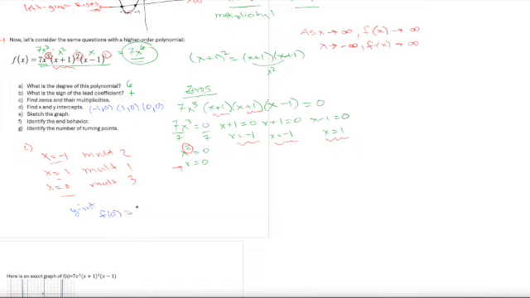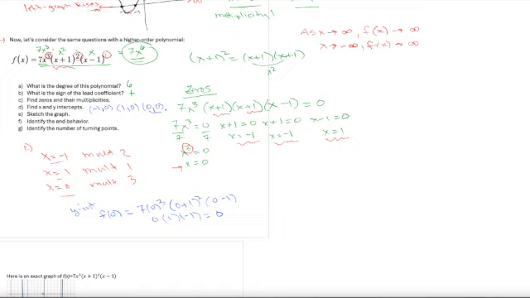So in this case, we would have 7 times 0 cubed times 0 plus 1 squared times 0 minus 1. So this would be 0 times 1 times negative 1, which is 0. So again, I already have that 0, 0 intercept.